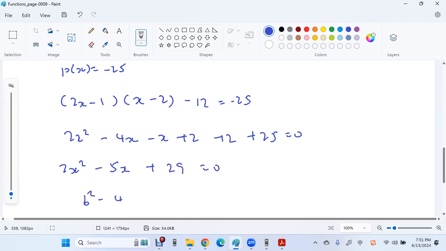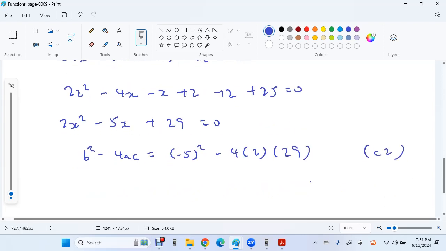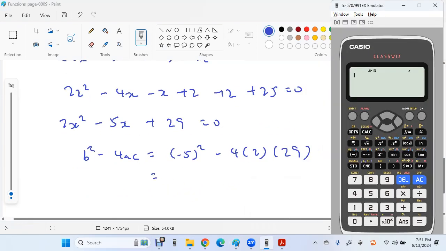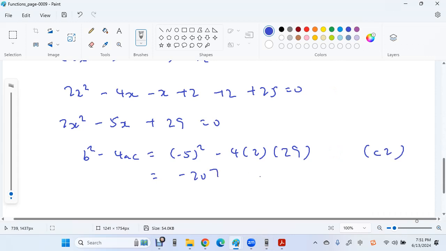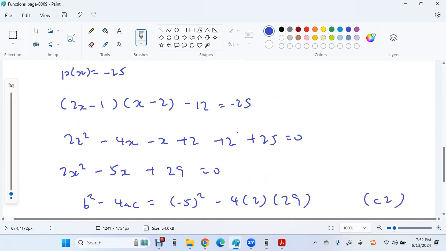So b squared minus 4ac is -5 squared minus 4 times 2 times 29. This is what we learned in chapter 2. So we have 25 minus 8 times 29, that is negative 207, less than 0. So no solution. Oh, I made a mistake here.